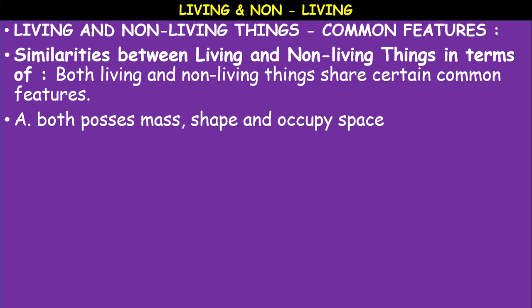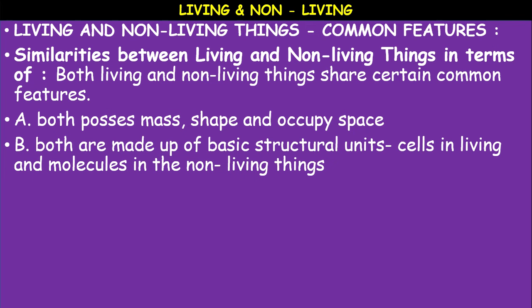B. Both are made up of basic structural units: cells in living things, and molecules, ions or compounds in non-living things. Living things are made up of cells. The cell is the basic unit of living things, and atoms and molecules are the basic units of non-living things.